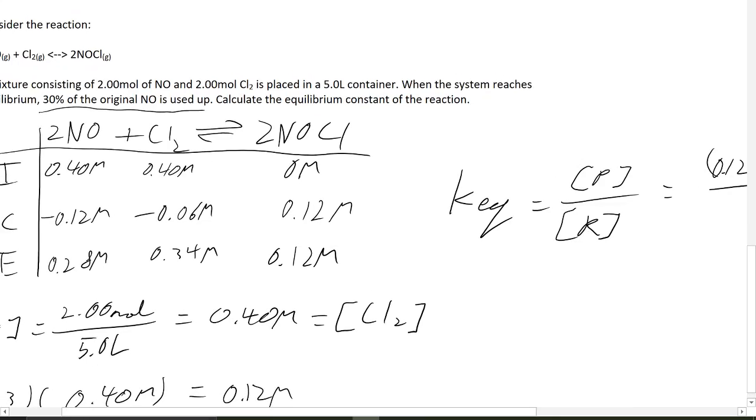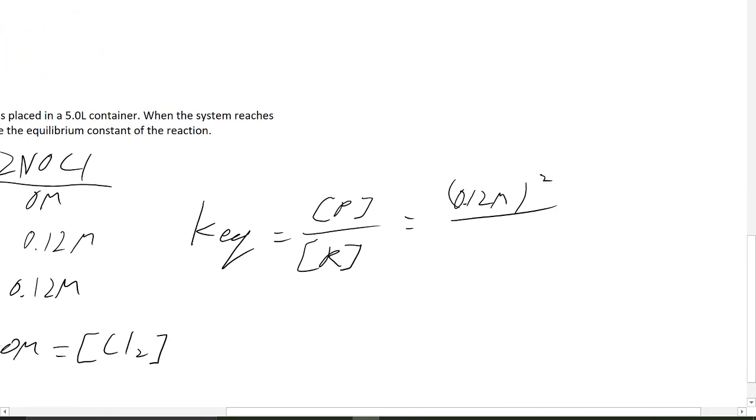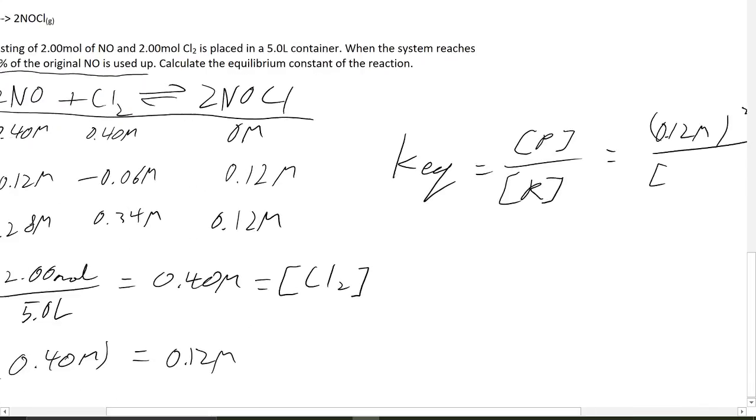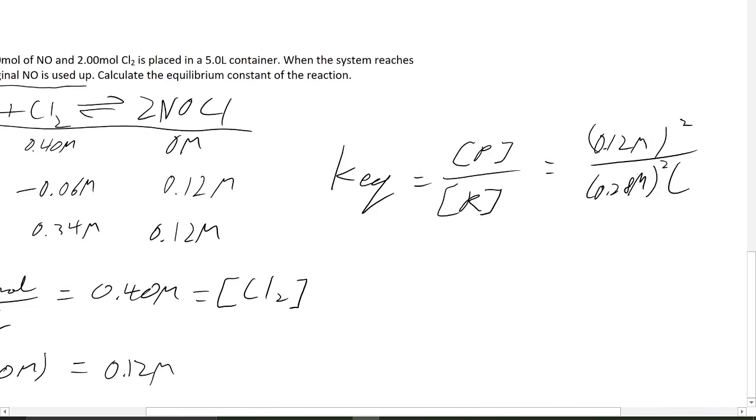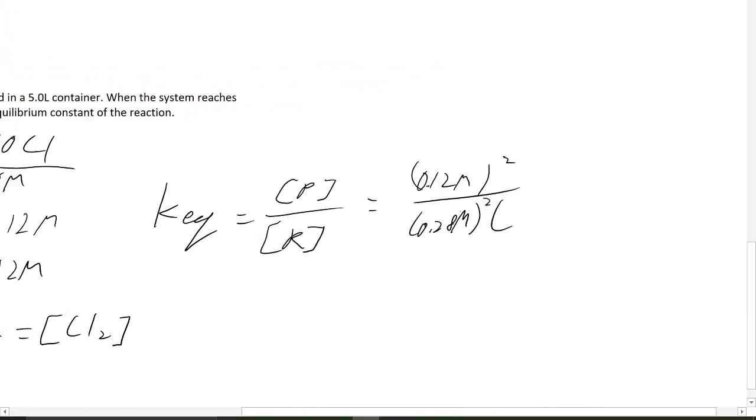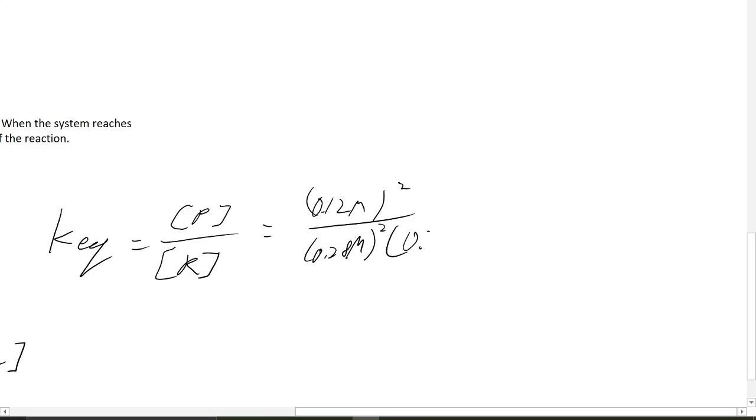Then our reactants are NO, which is 0.28 with a coefficient of 2, so it's squared, and Cl2, which is 0.34 molar.